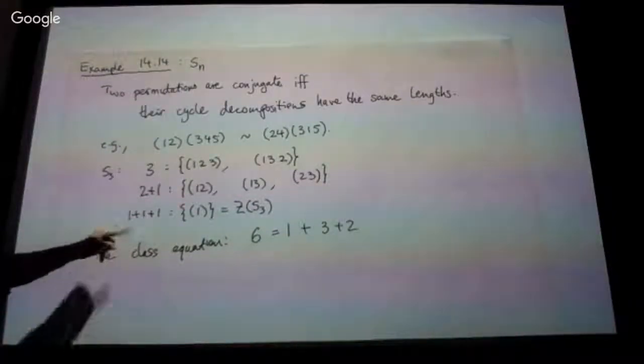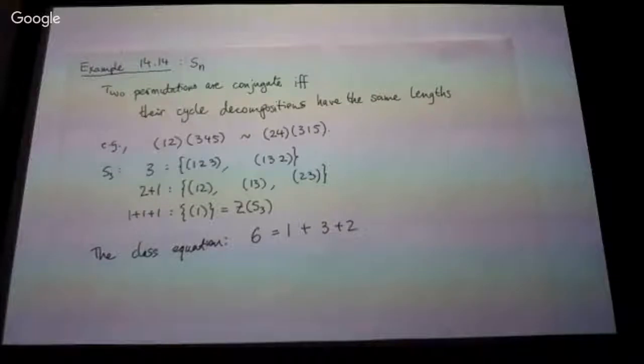It's 6, so not a contradiction. And another corollary is that if you have a group of order p squared, the square of a prime, then it's abelian. So prime order is abelian because it's cyclic. And tomorrow we'll see that prime squared is also abelian, even if it doesn't have to be cyclic.